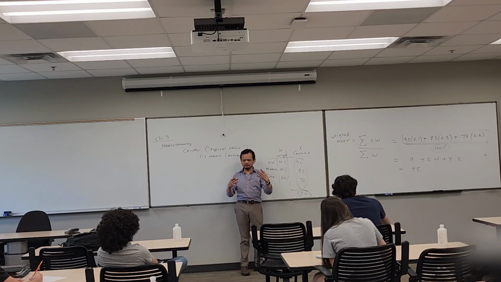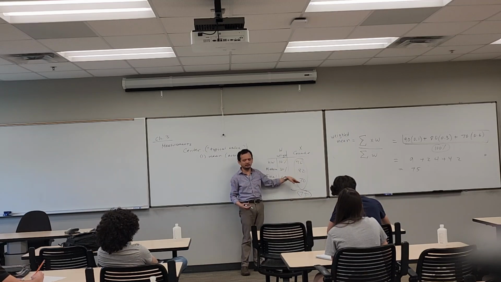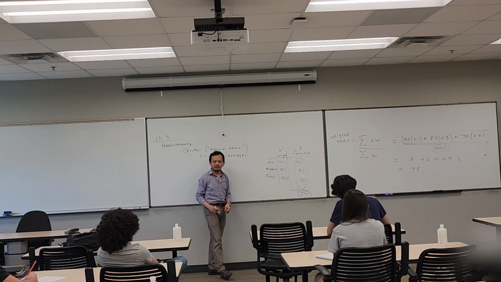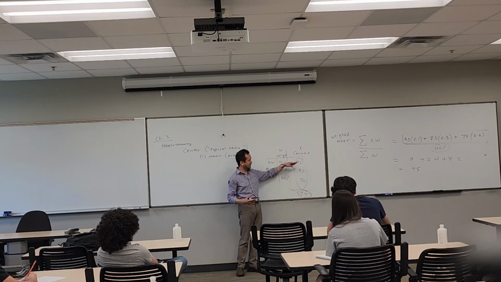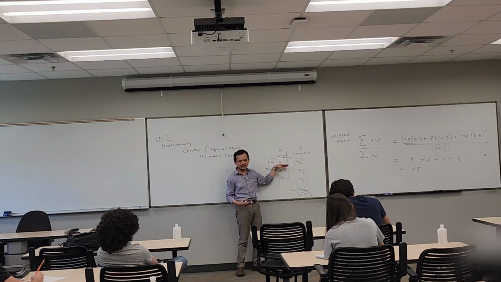And just in terms of intuition, why is the correct answer less than if you had just added up the 3 numbers and divided by 3? Yeah. Because they did worse on the final and it's worth the most. Yeah, very good. If you had added up the 3 grades and just divided by 3, that assumes that these 3 are weighted exactly the same.